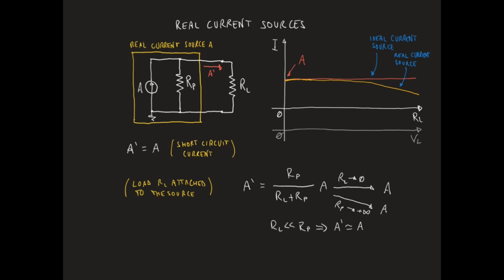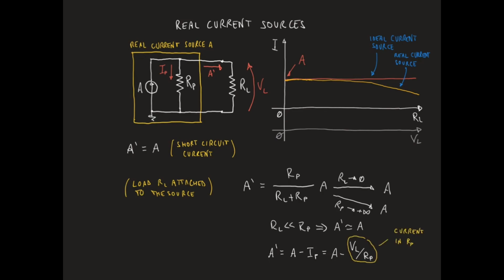Note that if VL is the voltage across the load and IP is the current flowing through the resistor Rp, then the current A prime can be written as A minus the current IP, due to Kirchhoff's law for currents, or A minus IP, which is VL divided by Rp by Ohm's law.